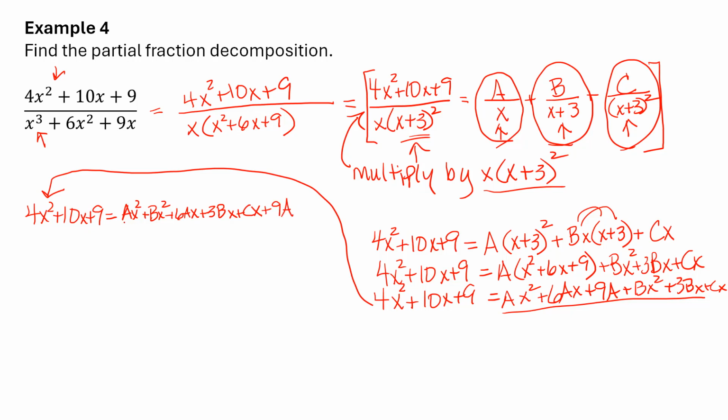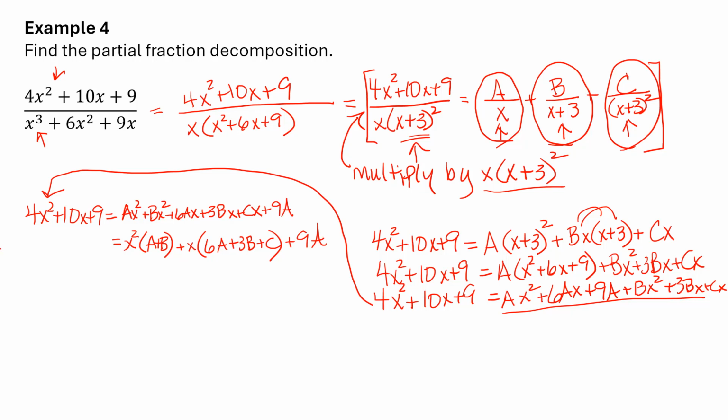Okay, now for my x squared terms, I'm going to factor out that x squared, so I'll have a plus b. For my x terms, I'm going to factor out the x, and I'm going to have 6a plus 3b plus c. And then I'm going to have my 9a.